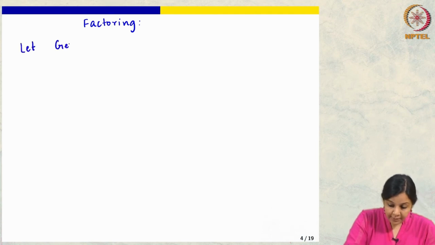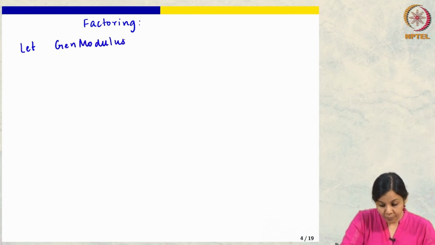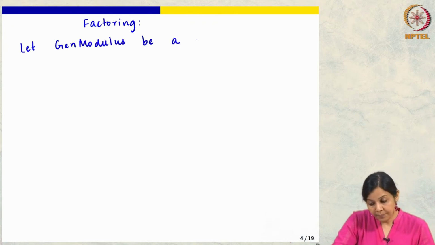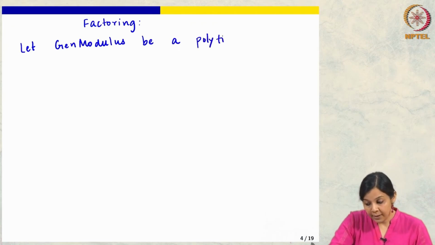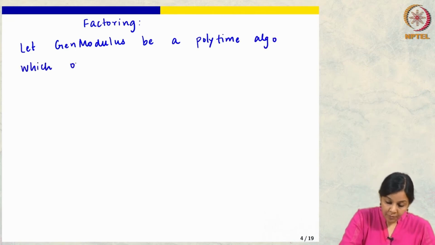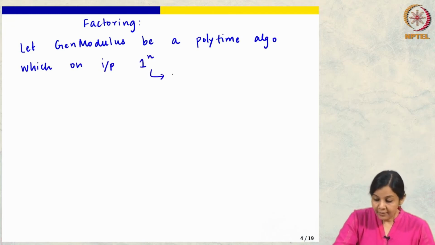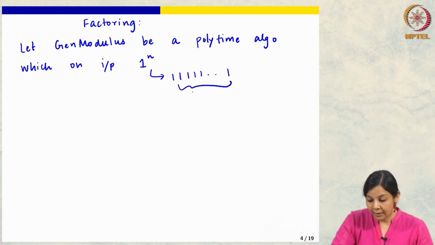So, I am going to call this the gen modulus algorithm. Okay, so, let gen modulus be a polytime algorithm which on input 1 to the n. So, here 1 to the n is basically the unary representation of n.